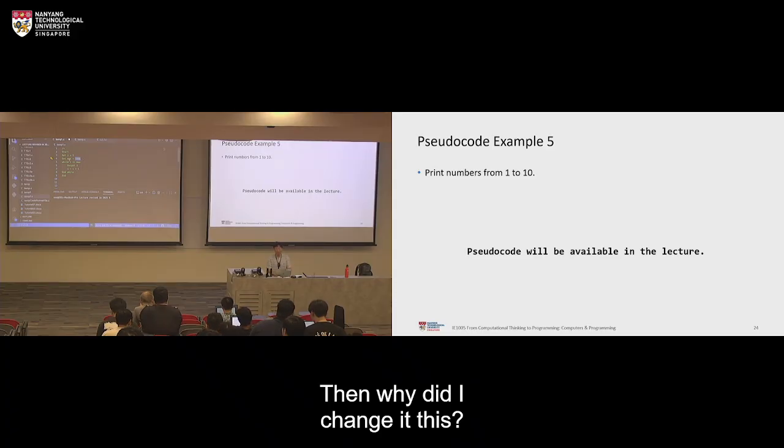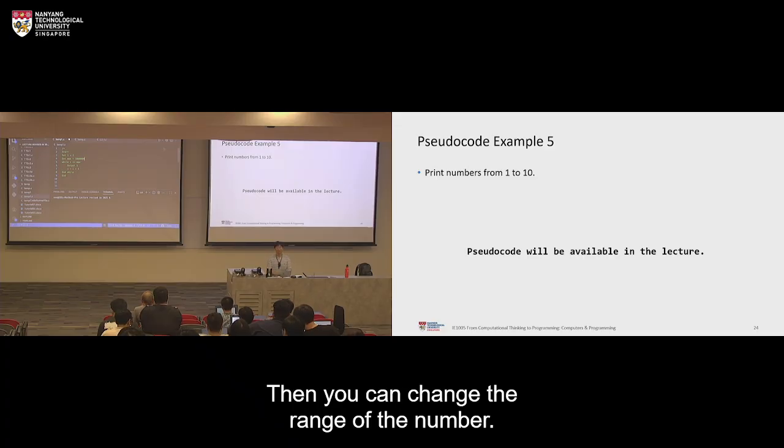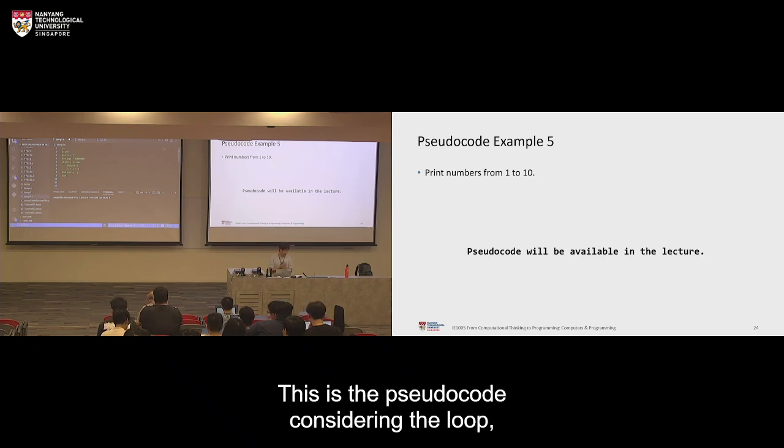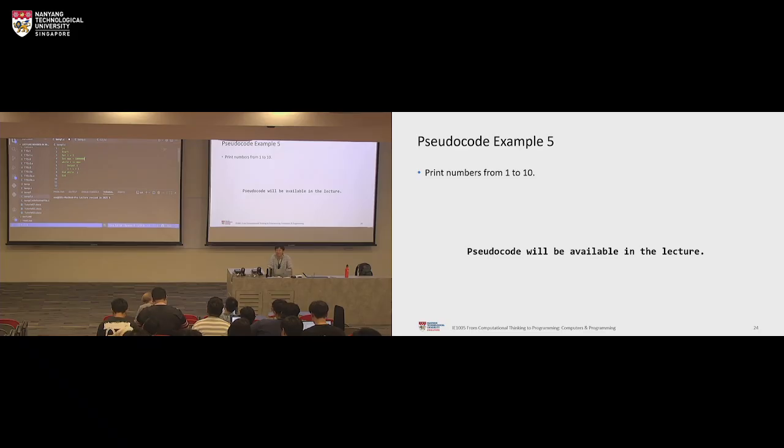Then why did I change it like this? You just change the value of the max, then you can change the range of the numbers, right? Okay, so this is the pseudocode considering the loop, the repeated work of the computer. Any questions? Okay, then let's move on.